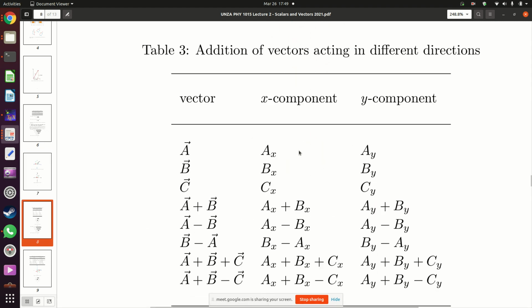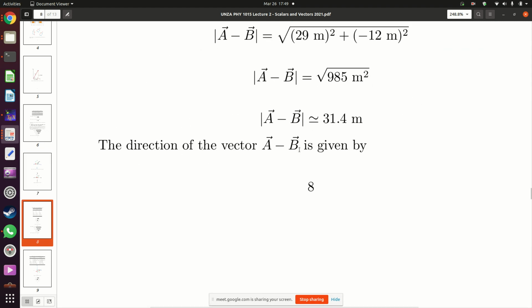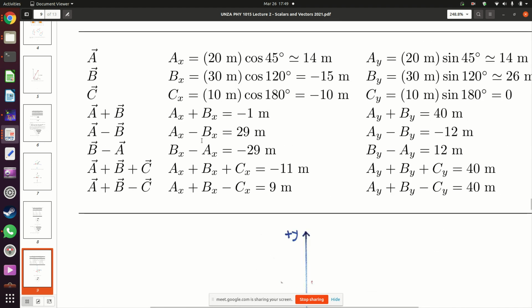Next, we move on to the next vector. The next vector is A minus B. As we can see from the table here, A minus B along the x-axis is 29 meters, pointing along the positive x-axis.